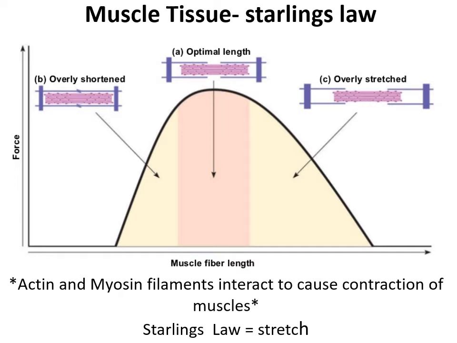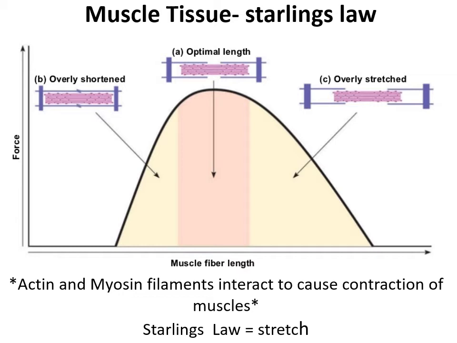And the opposite is true too. If the muscle is incredibly stretched and you want to contract that muscle, you won't be able to provide as much strength and force, because the actin and myosin aren't overlapping each other as well. So that's Starling's law. And there's also Starling's law of the heart, right?